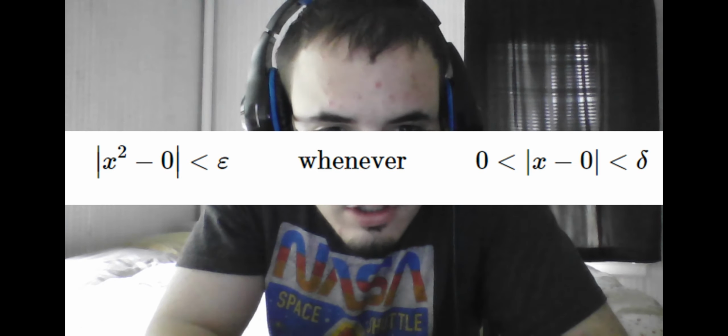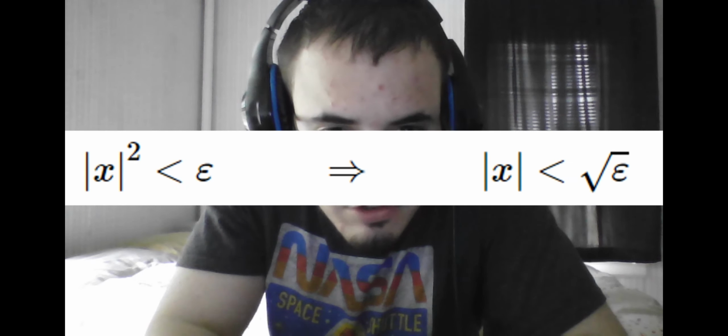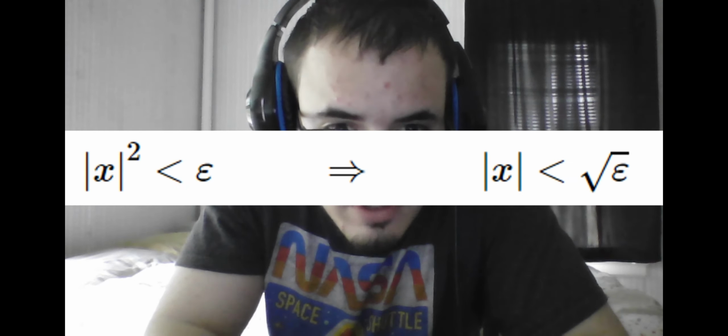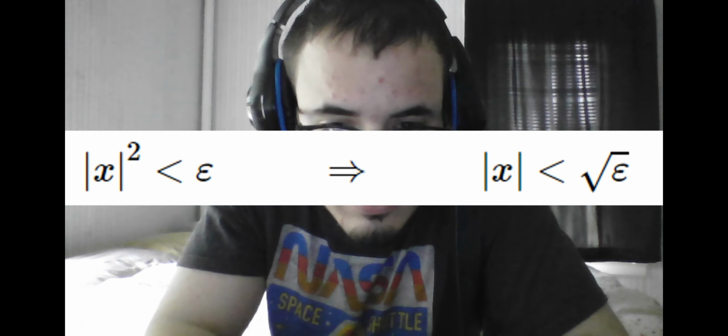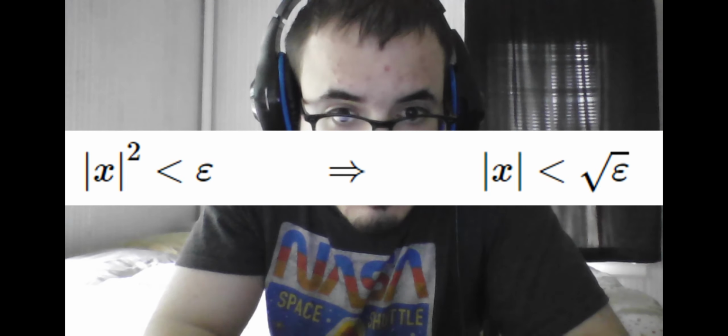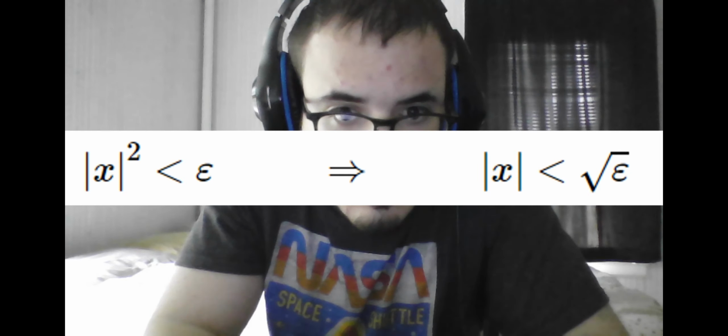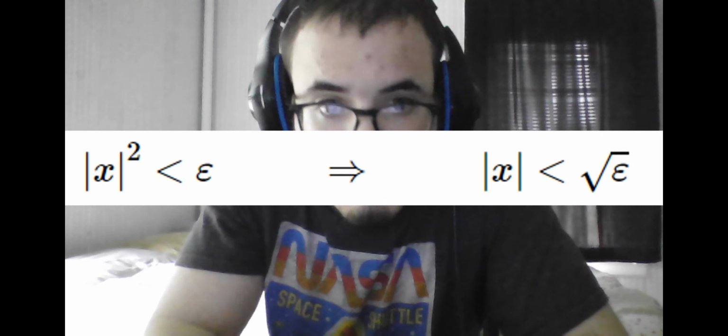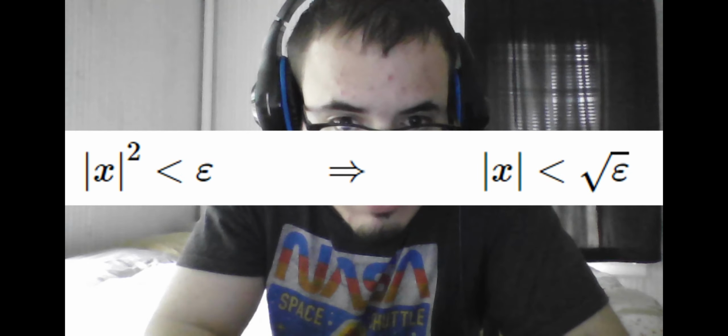By noticing if the absolute value of x squared is less than epsilon, it follows we can take the square root of both sides to get the absolute value of x by itself. And we have the absolute value of x, literally, in our definition of delta, so we substitute in square root of epsilon for delta.